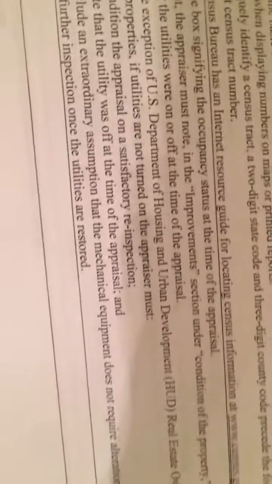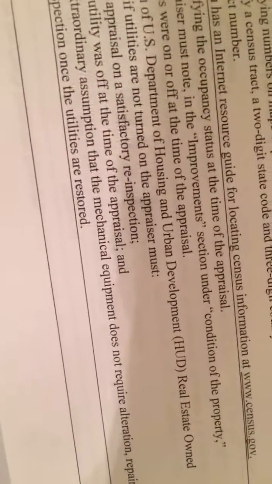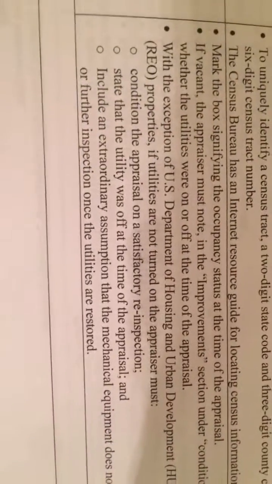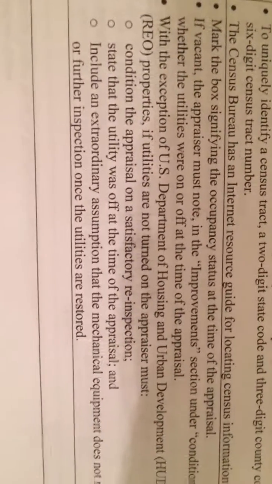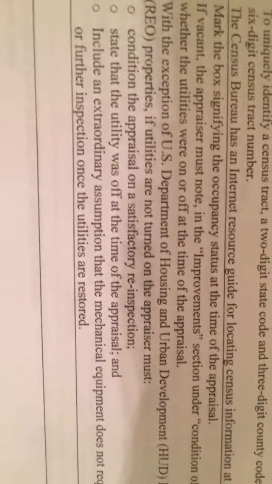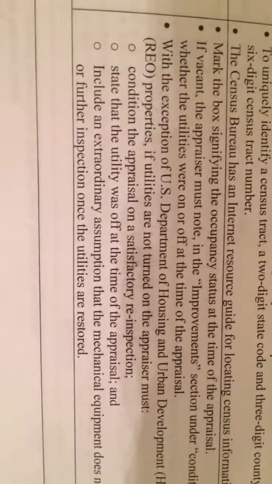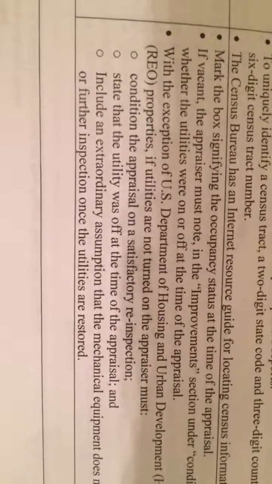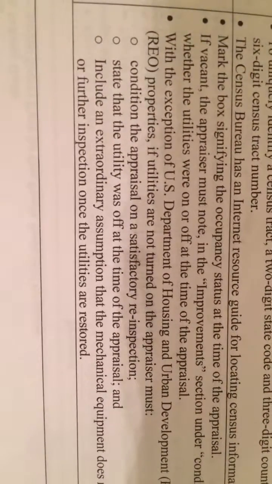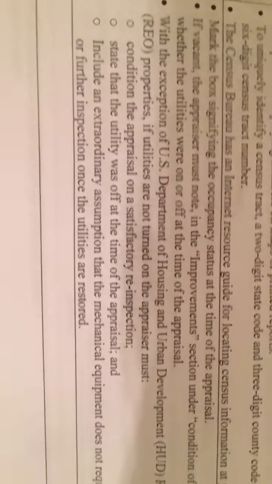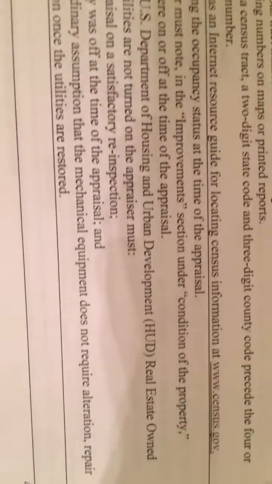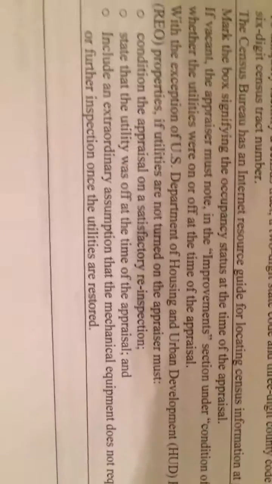With the exception of U.S. Department of Housing and Urban Development (HUD) real estate owned (REO) properties, if utilities are not turned on, the appraiser must condition the appraisal on a satisfactory reinspection, state that the utility was off at the time of the appraisal, and include an extraordinary assumption that the mechanical equipment does not require alteration, repair, or further inspection once the utilities are restored.